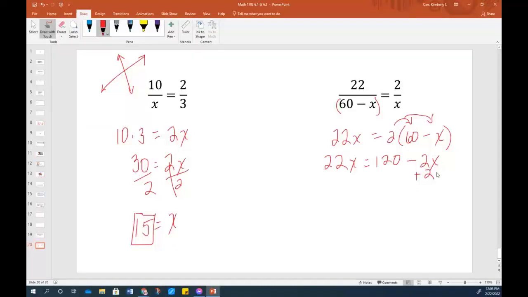So I definitely am going to choose to add 2x to both sides. As long as you get them on the same side, it technically doesn't matter, but it can give you some results you like better along the way. So now I have 24x equals 120. Divide both sides by 24. And x equals 5.